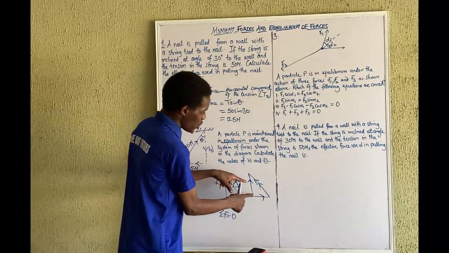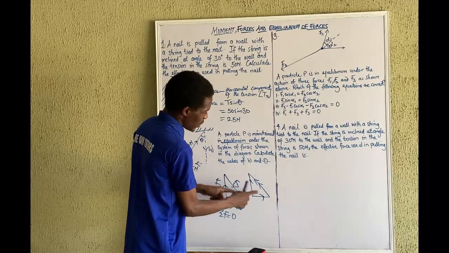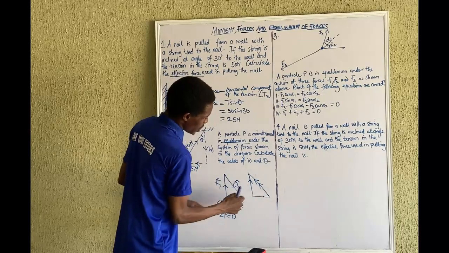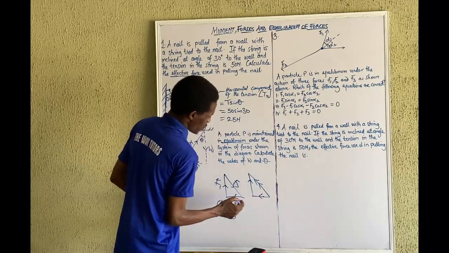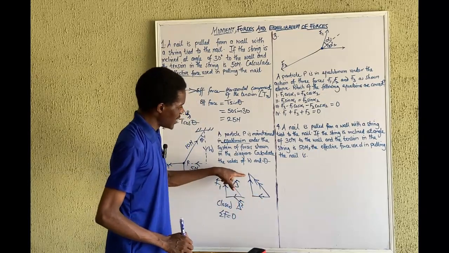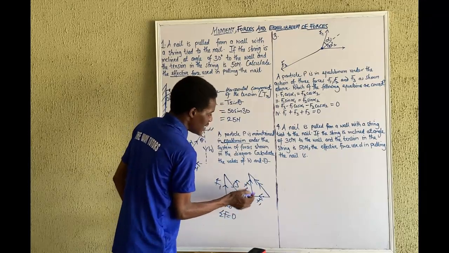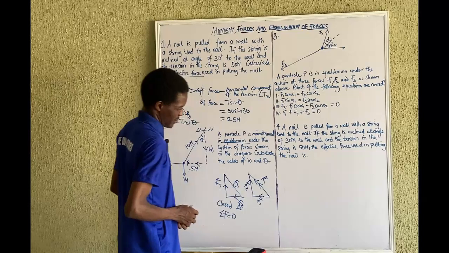Now, in the case of this, you can see that it moved like this, then like this. In the case of this one, this is the resultant.